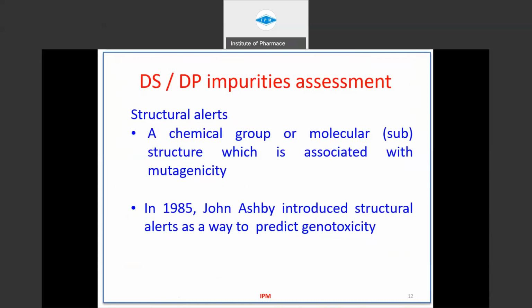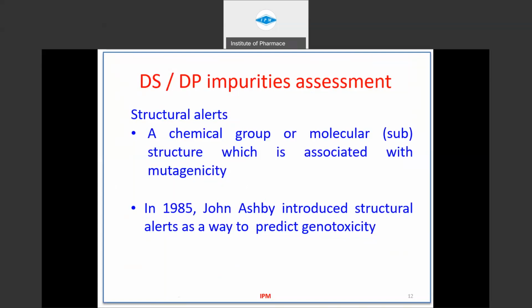If we do this detailed exercise, we will consider overreaction, underreaction, side reaction, and also, as I said, reaction of the carried over impurity in that reaction step, in those reaction conditions.